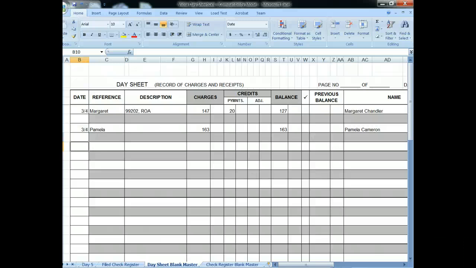Okay, so for Walter, we're going to put 3-4. The only procedure we did for Walter, we did actually a 99213 because he was an established patient.